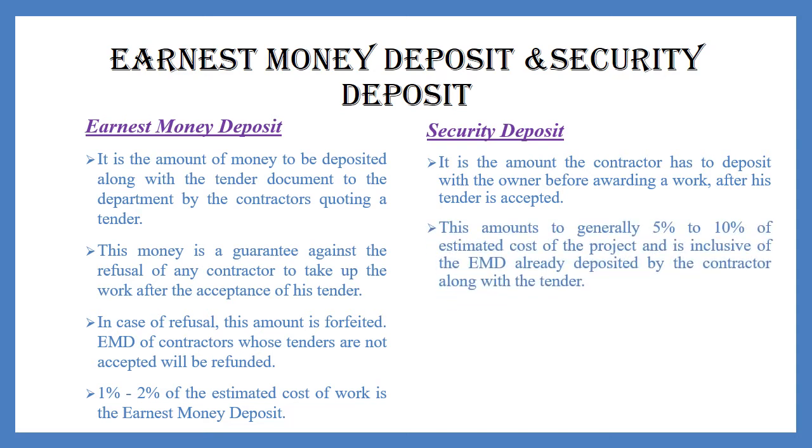This amount is usually 5 to 10% of the estimated cost of the project and is inclusive of the EMD already deposited by the contractor along with the tender. This will be refunded to the contractor after the completion of the project.